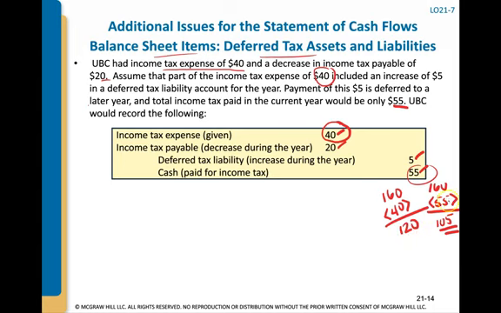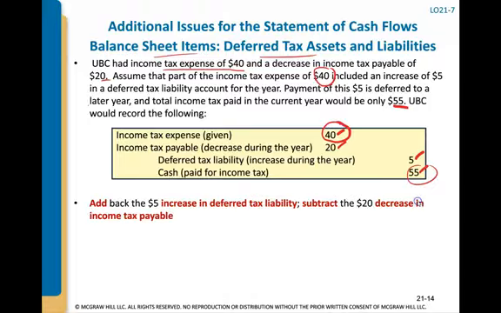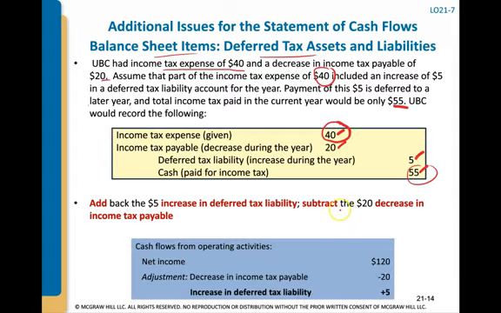So let's just see how they do that on the statement of cash flows. The way it's done is that we are going to subtract the decrease in our income tax payable, because that's just a regular current liability. And if the payable decreases, then we go in the same direction on our statement of cash flows.